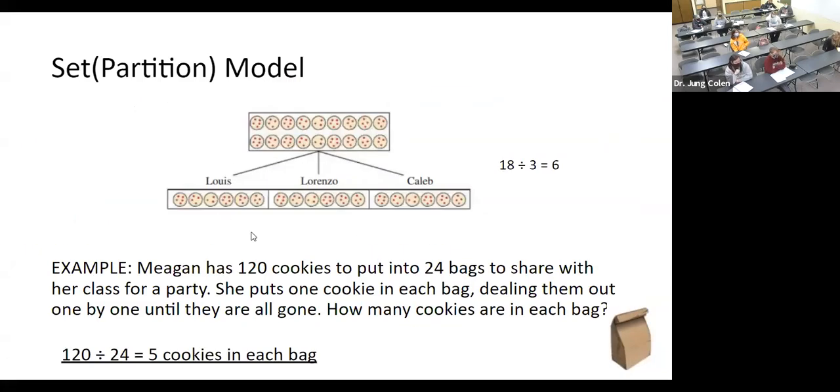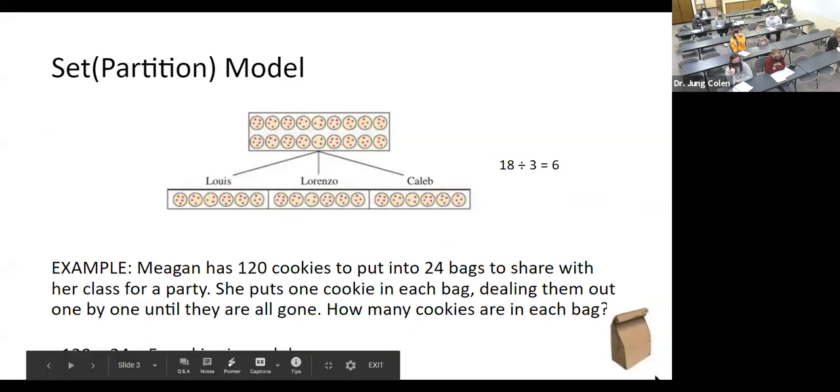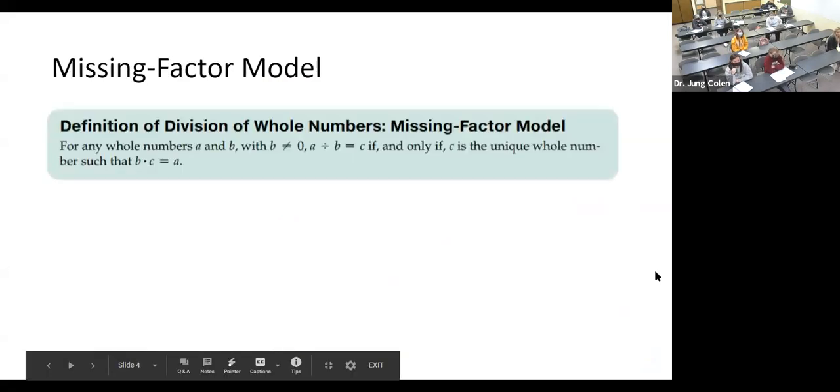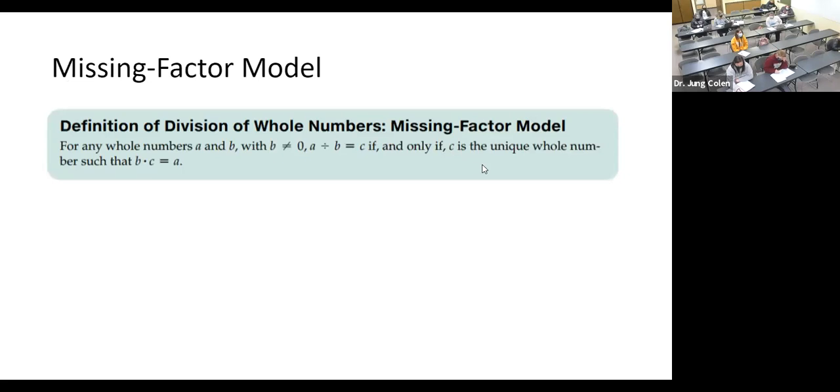Okay, so that is the set model. But when your numbers get bigger, the set model is kind of tedious. So it's better to think about different ways, like the missing factor. I just showed the missing factor, right? So 120 is equal to 24 times what? 24 and what?